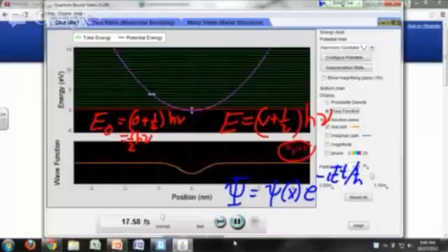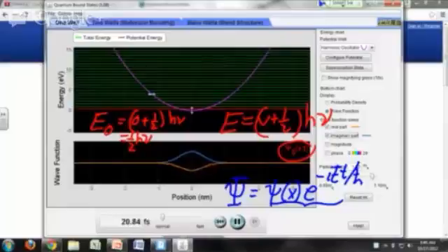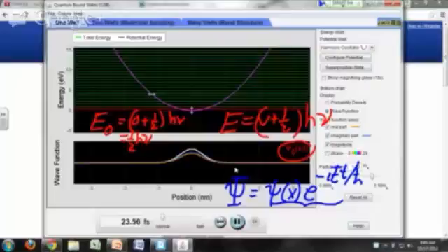Here you're looking at just the real part, and here's the imaginary part. Both change with time. But the magnitude of the wave function, shown here as a white curve, is constant, because that's just the square root of the square of the wave function. You have a stationary state.